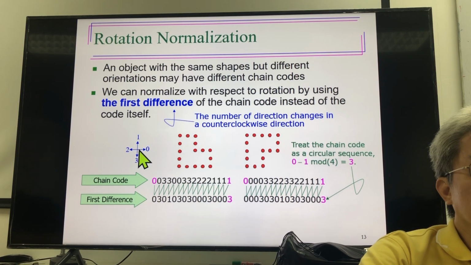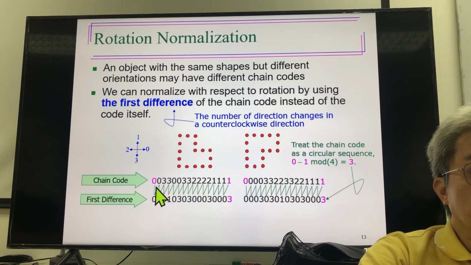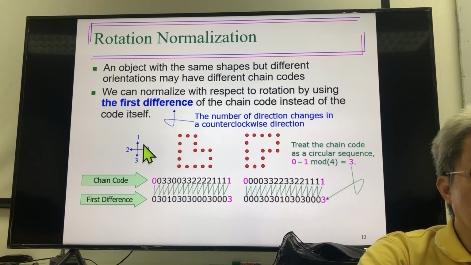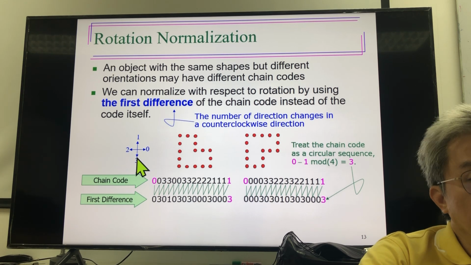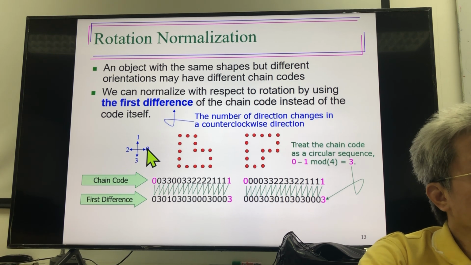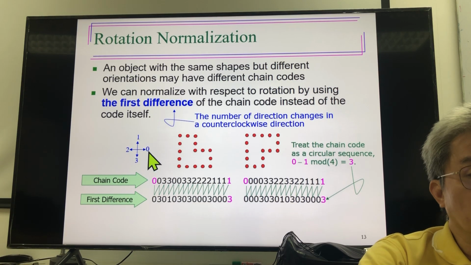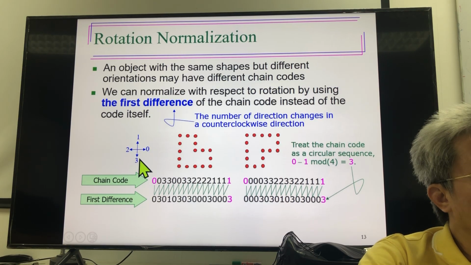So it's like you go from 0 to 0, which is 0, and then from 0 to 3. So you turn this way, 1, 2, 3 here. And then 3 to 3 is 0, and then 3 to 0 is 1. You go from here to here, this direction. Then 0 to 0 is 0, and then 0 to 3 is 3.